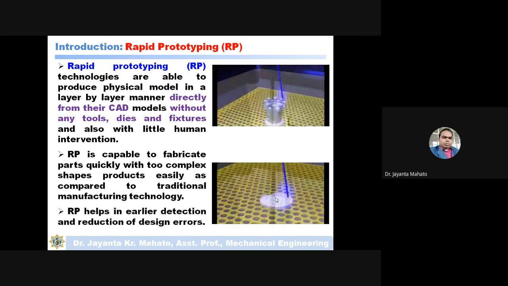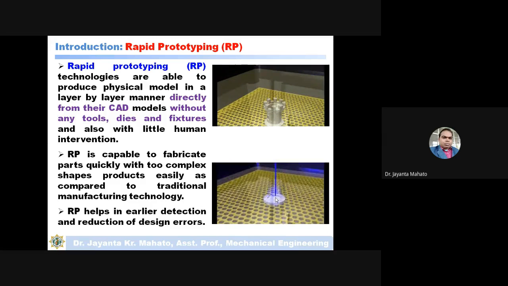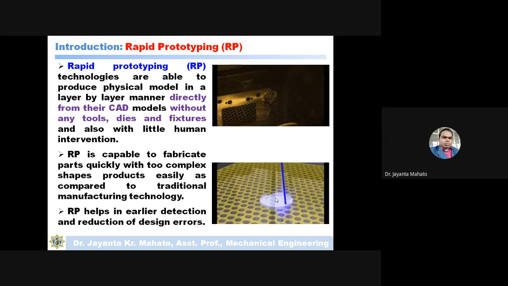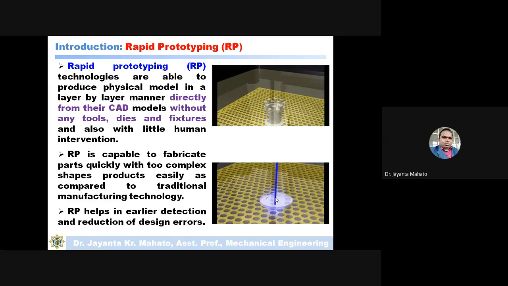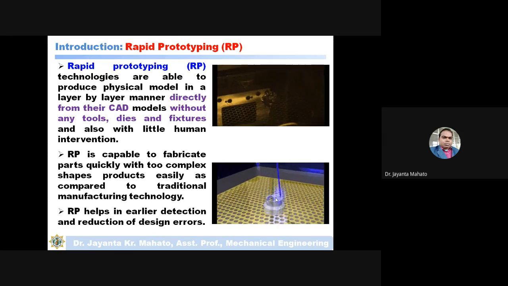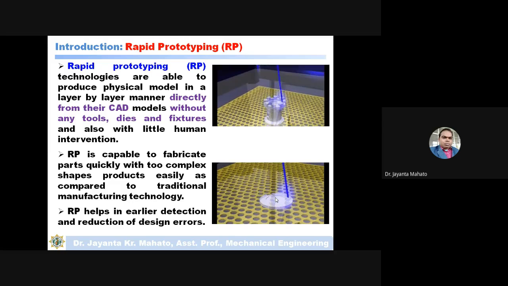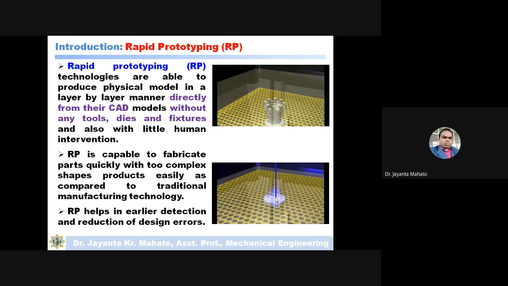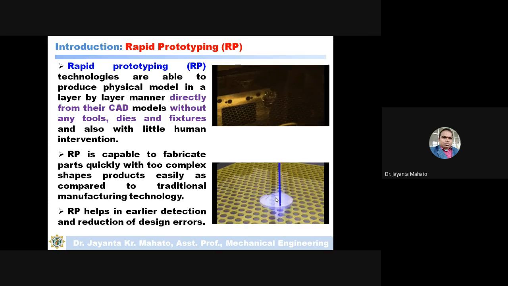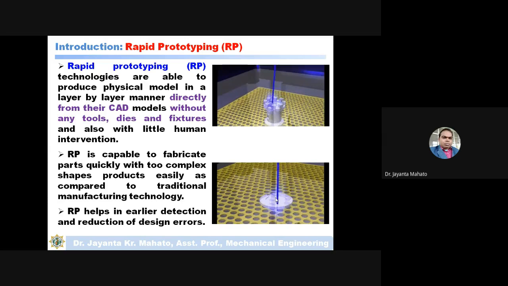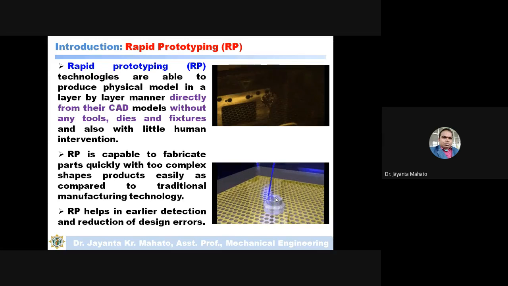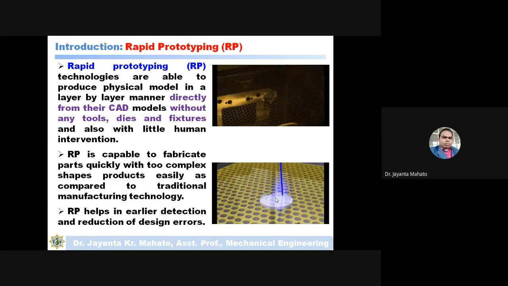Okay. This rapid prototyping helps in earlier detection and reduction of design errors. Means if there are any errors in the design during the modeling in CAD, they can be detected. So this is the RP, rapid prototyping manufacturing process, which helps in earlier detection and reduction of design errors.